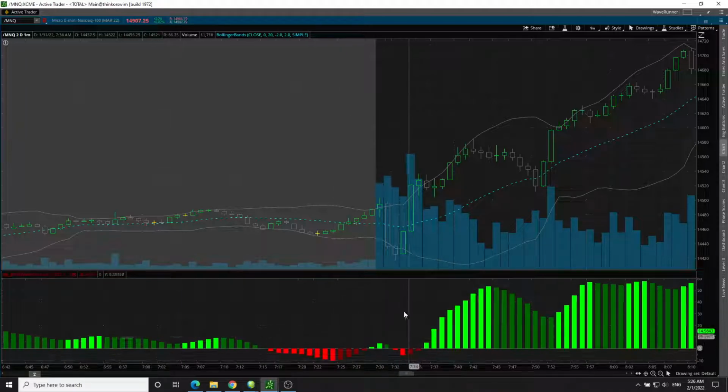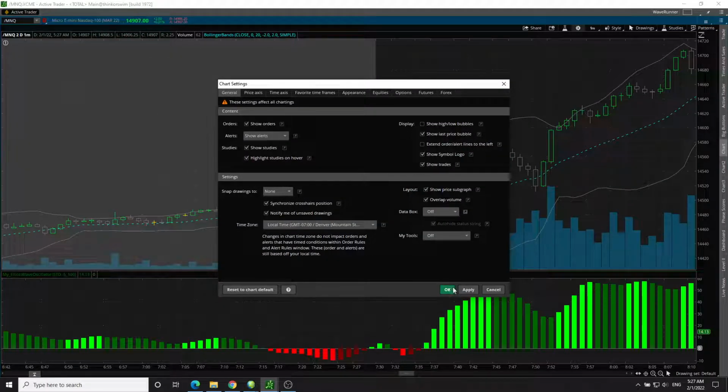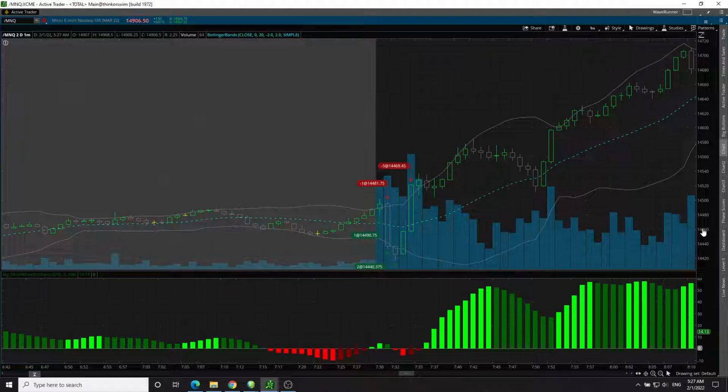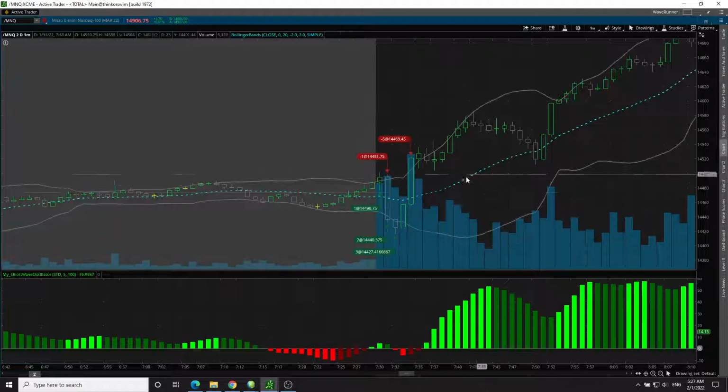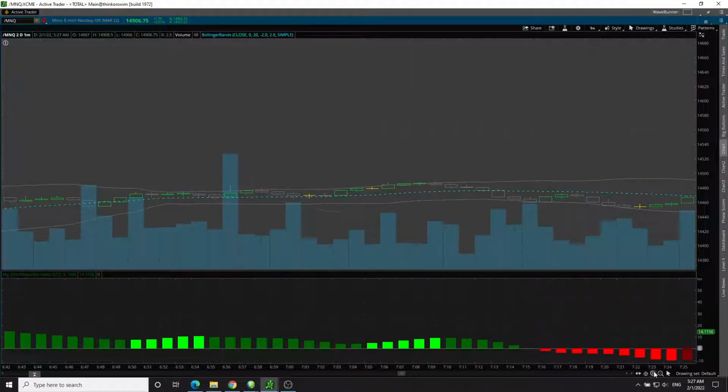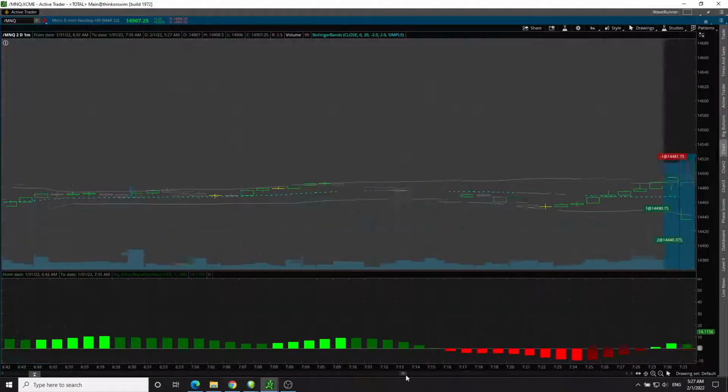So you have this divergence, lower price, less enthusiasm. A low here, which is higher, and this is where there was enthusiasm to the short side. And yes, it's a little bit off because it's a lagging indicator. Let's go look at my trades. I'm going to shift this up so you can see this. I'll zoom in a little bit more.